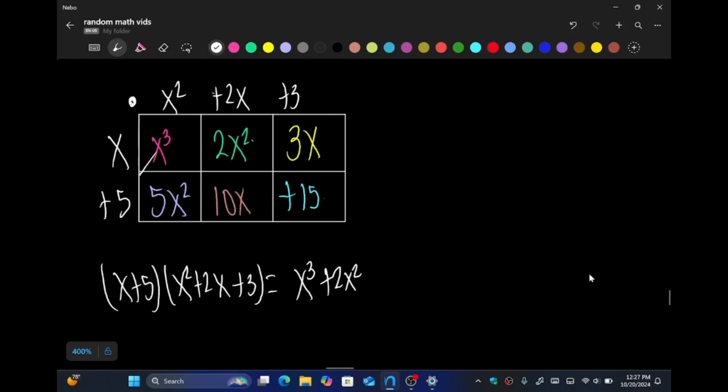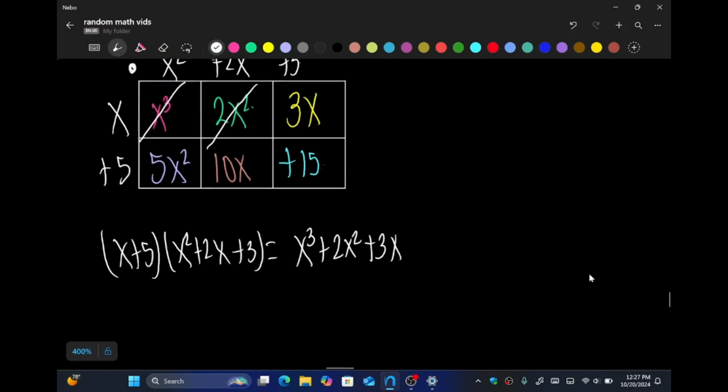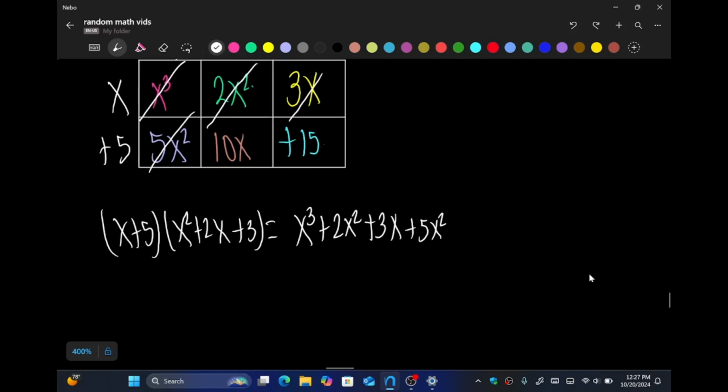And if it helps, you can cross them out as you go. Plus 3x. And then plus 5x squared, right? And then plus 10x, right?